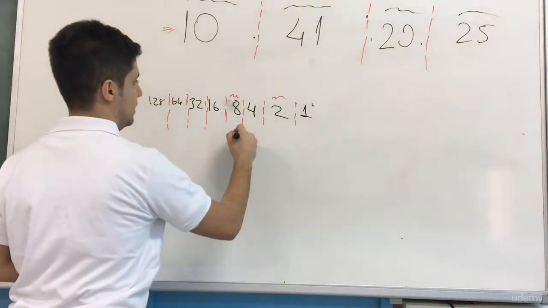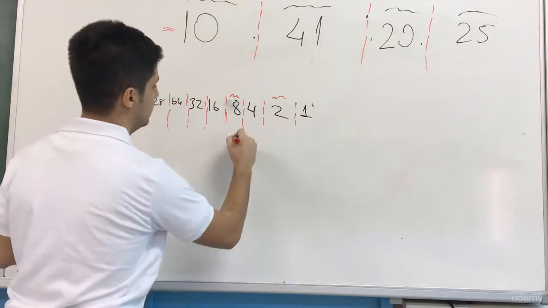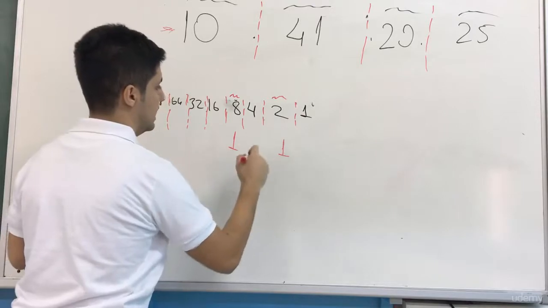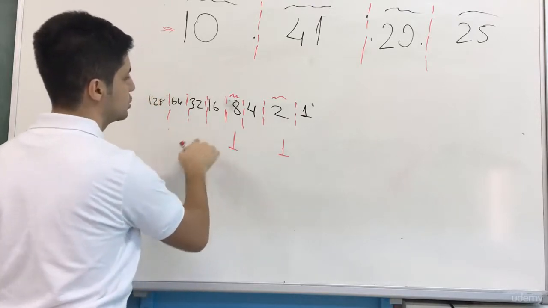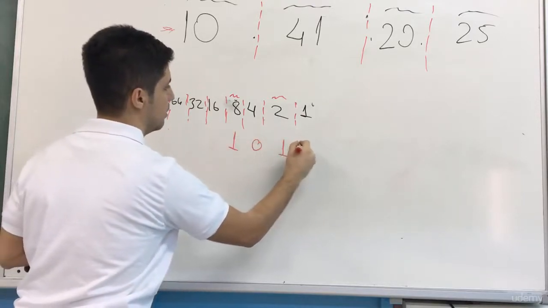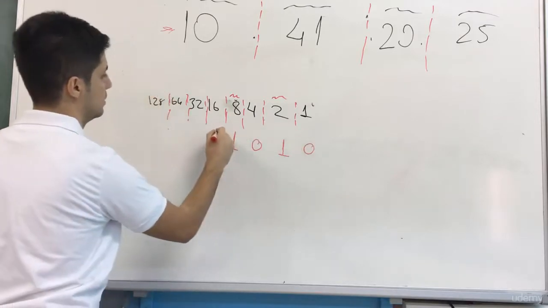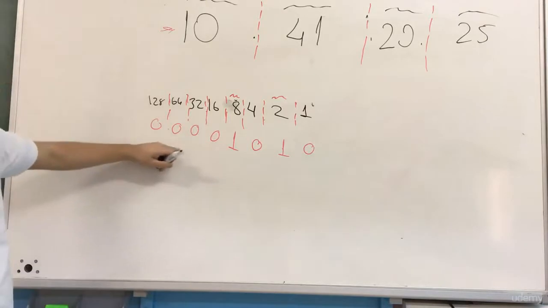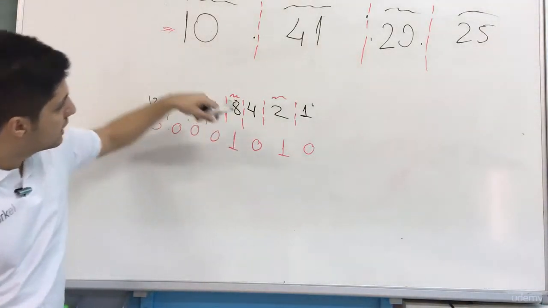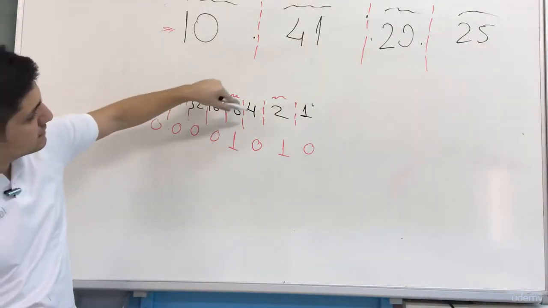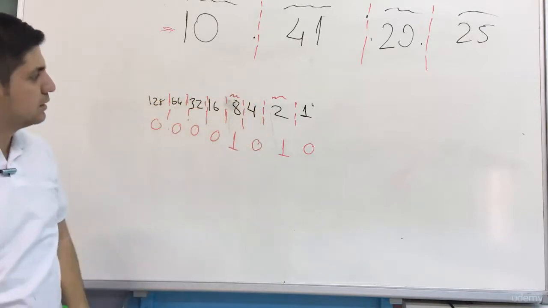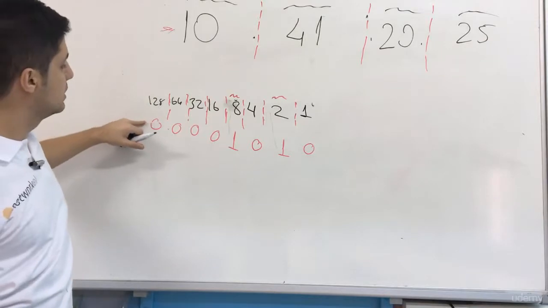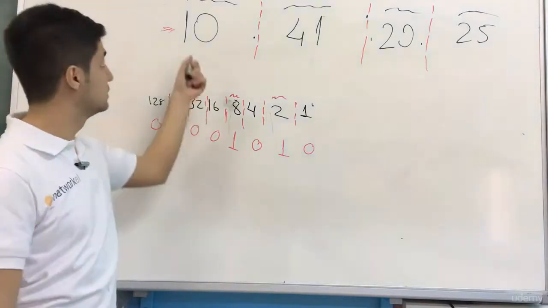This is going to be 1, this is going to be 1, and the other portion is going to be 0, 0, 0, 0, 0, and 0. All right, as you can see, 8 plus 2 is 10, and this is the binary format of 10.